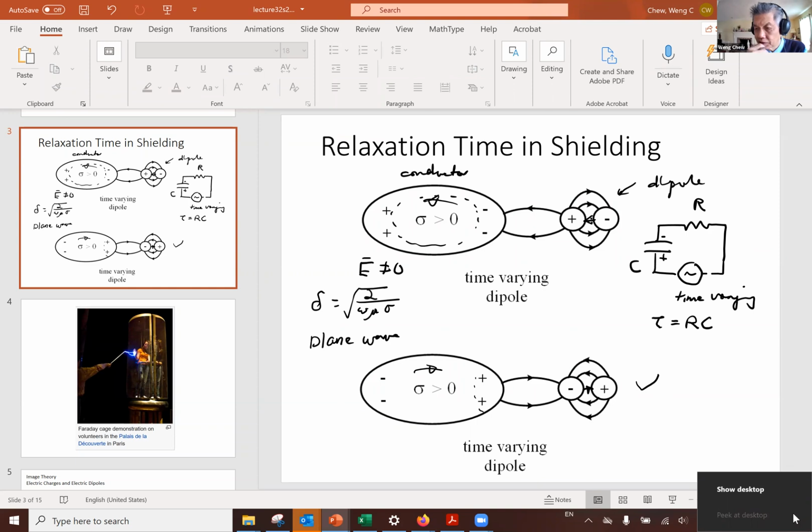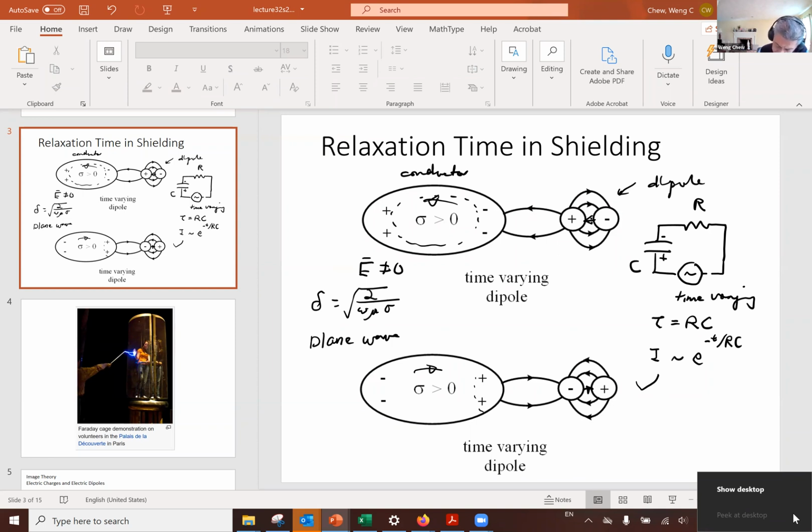And also, if C is very large, this relaxation time will also become bigger. And you can actually solve this problem in closed form. I'm sure that you have solved this problem before. Okay, and that you will find that the voltage and the current, I, is proportional to something like this.